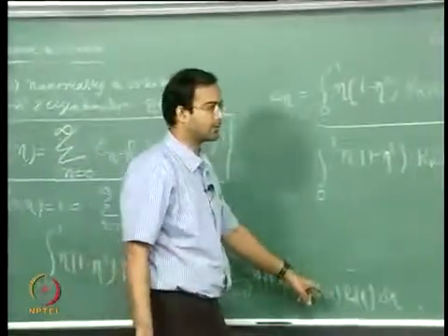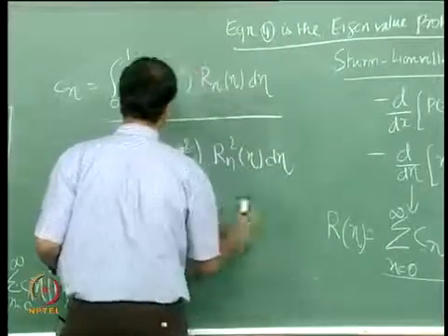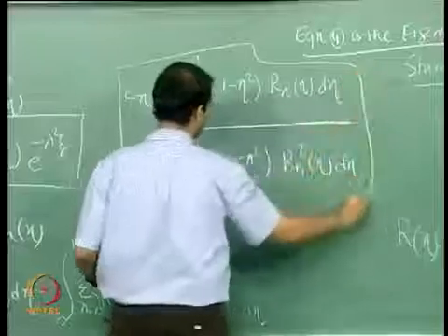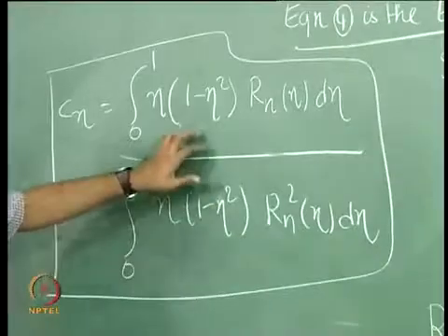For m equal to n, this becomes Rn square, otherwise this is 0. So basically we will stop with the fact that you can calculate your Cn here. I will give you the actual calculation of these integrals, two of them.